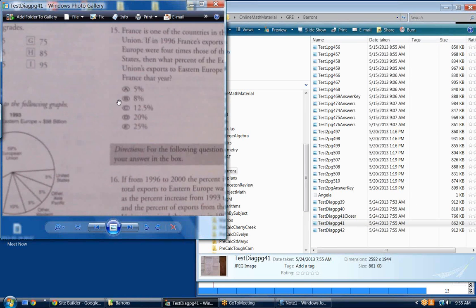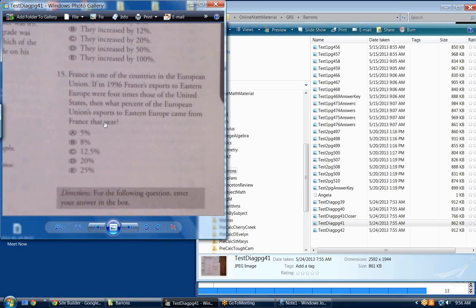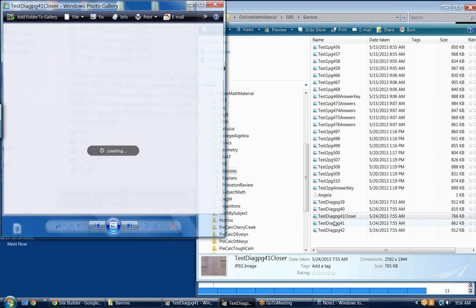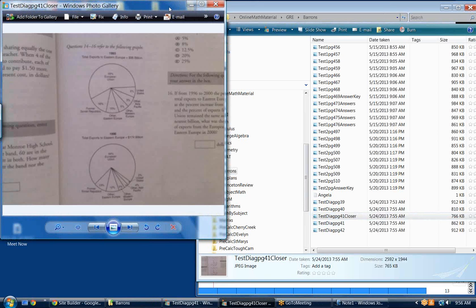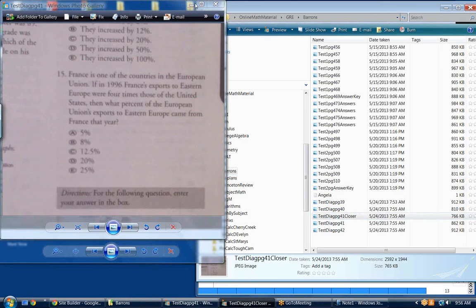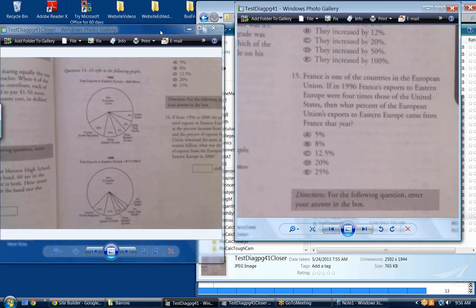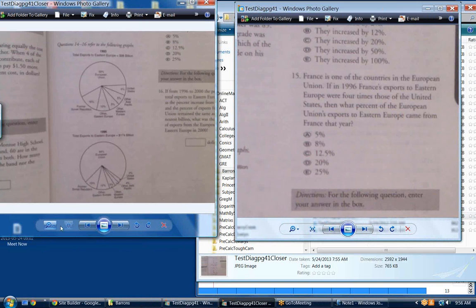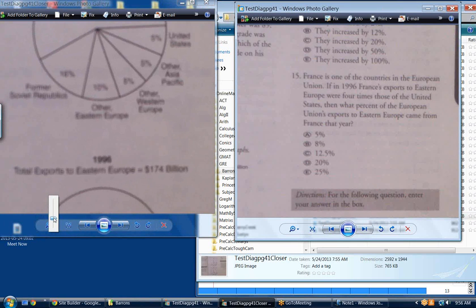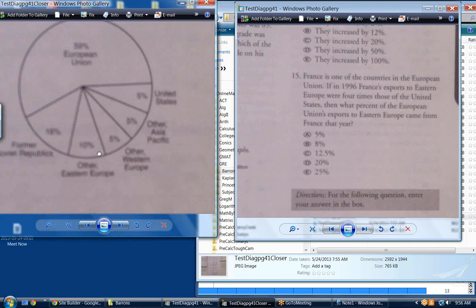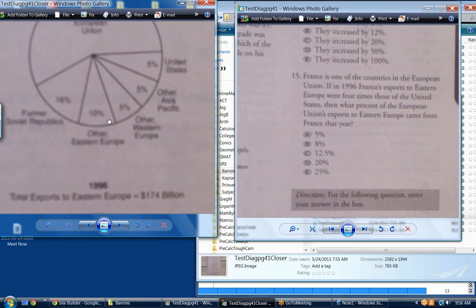Not readable there, but that's weird. This is a little more readable, yeah. You put this one there and this one over here. And no, it's not going to be readable enough.